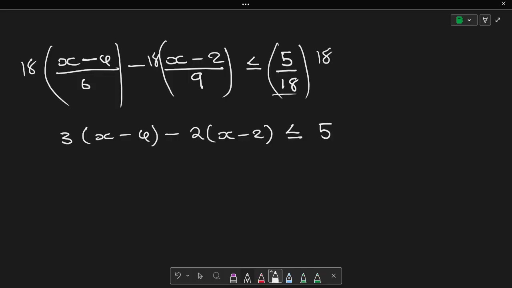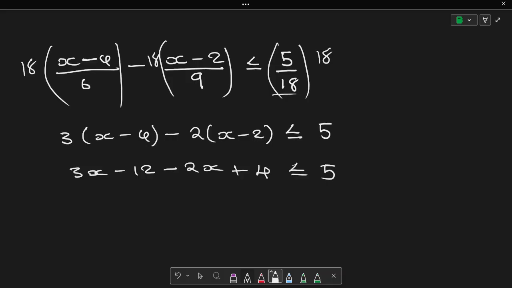This is what you're going to remain with. Expanding the left hand side, you get 3x minus 12 minus 2x plus 4 is less than or equal to 5.